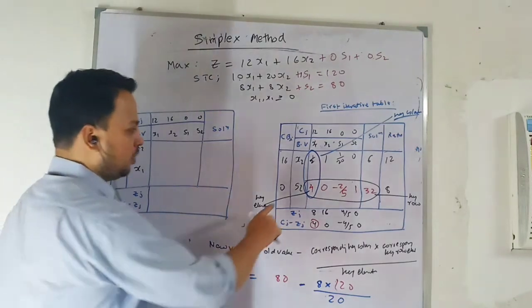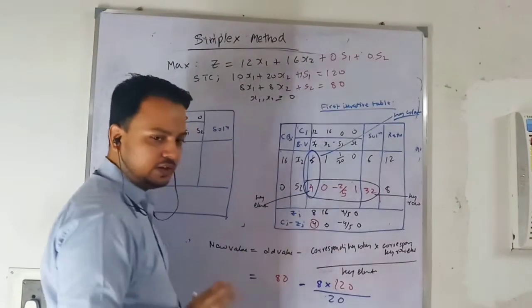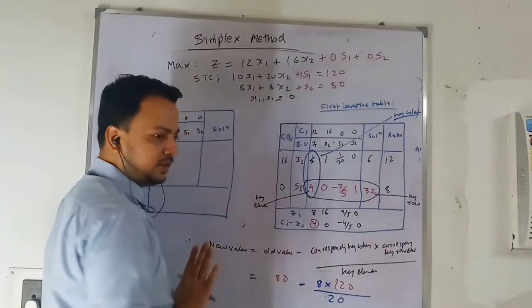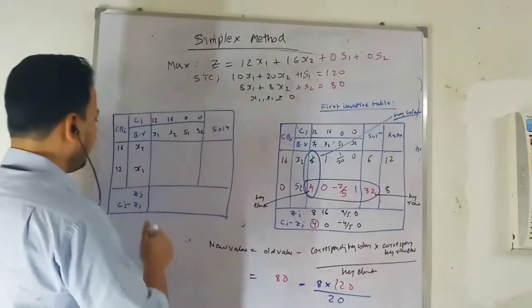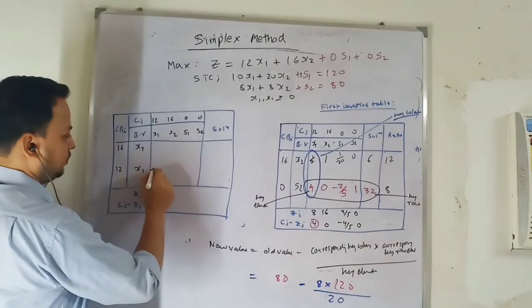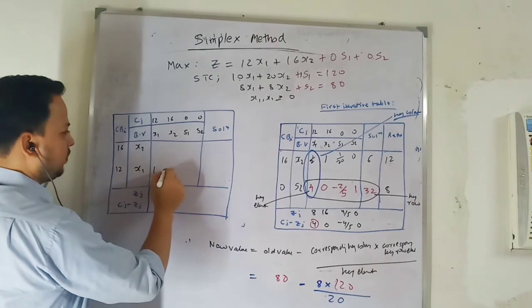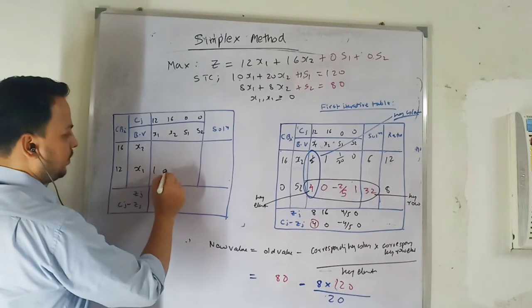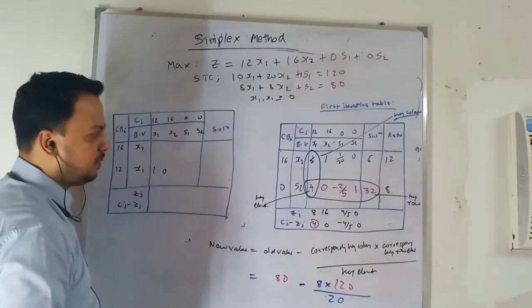So in order to find the element, what I will do? It is very simple here. I will divide the element here with key element. Okay. So 4 divided by 4, how much? 0 divided by 4. Minus 2 by 5 divided by 4.